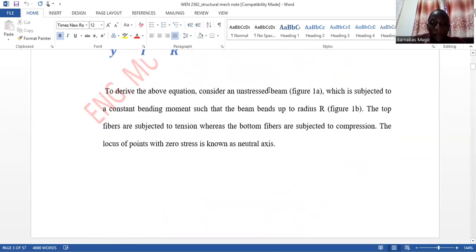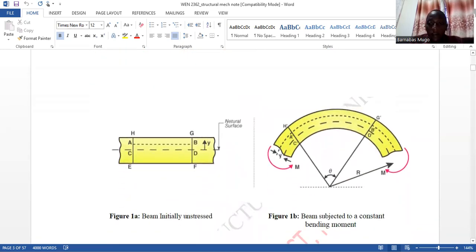So if you can observe this diagram, you can see the value of R here. It is the radius from the center of the curvature to the neutral axis of the beam. M, as you can see here, is the bending moment. Y is the distance of the layer from the neutral axis.